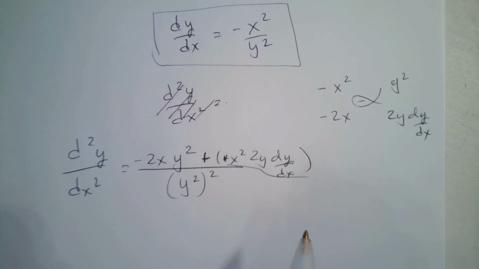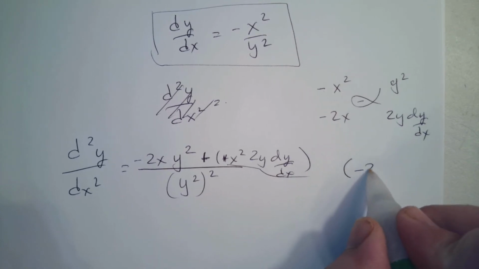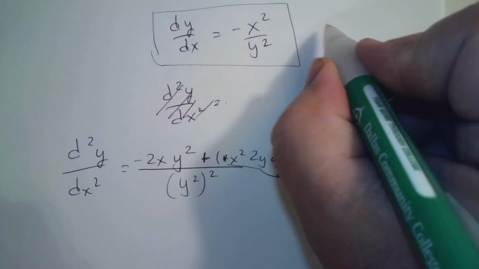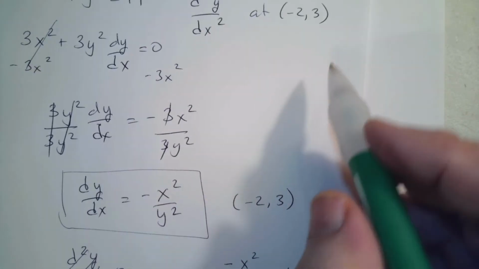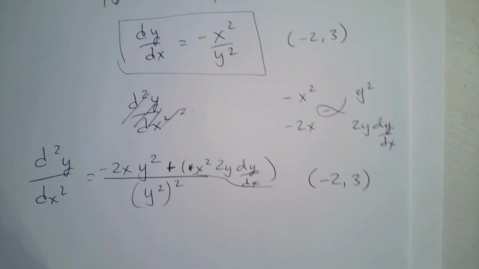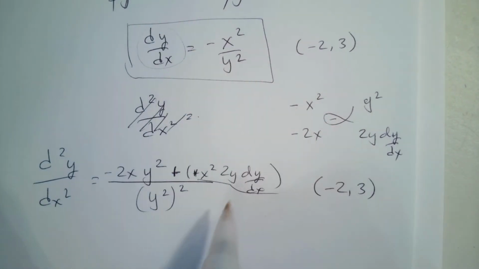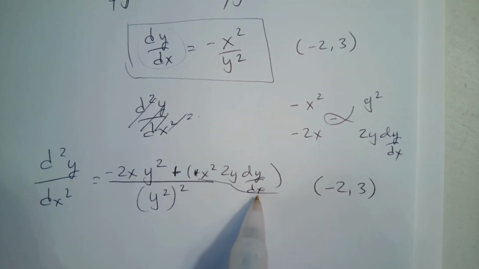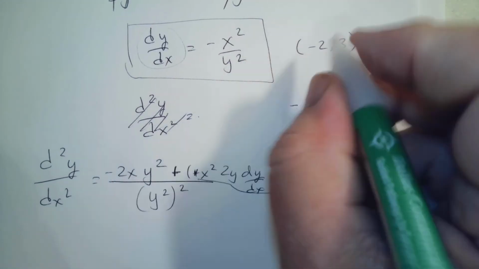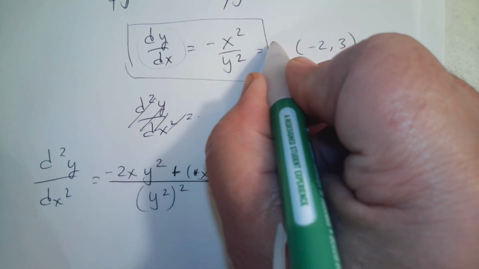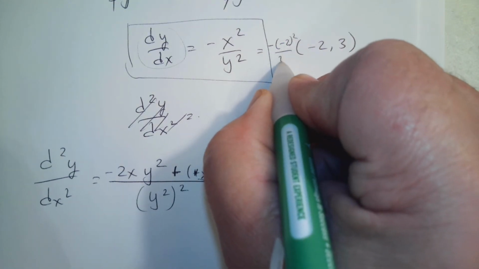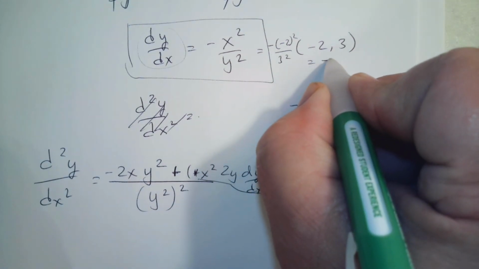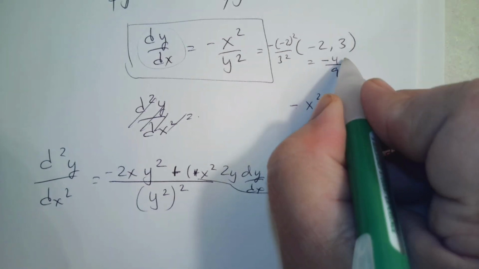All right. So now we can plug in at both of these places. Remember, at that point, we need to know what dy dx is, because that's what we have right there. So we have negative of negative 2 squared over 3 squared. So it's negative 4 over 9.